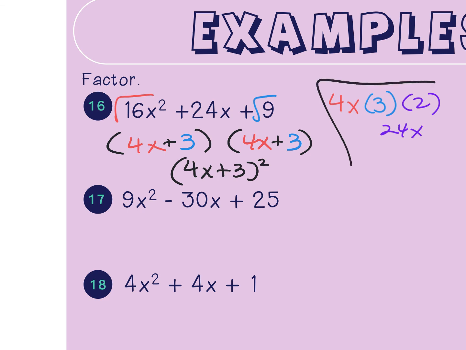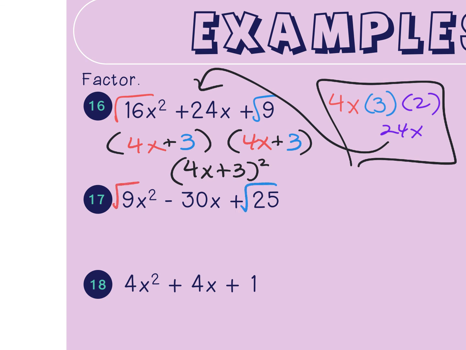If when you do this check it doesn't give you the middle, then you're going to factor it the long way. We're going to do the same thing. We're going to square root, and then double it. So the square root of 9x squared is 3x. Square root of 25 is 5.